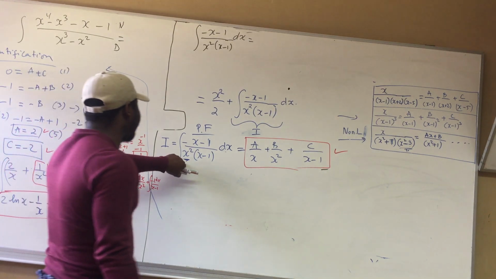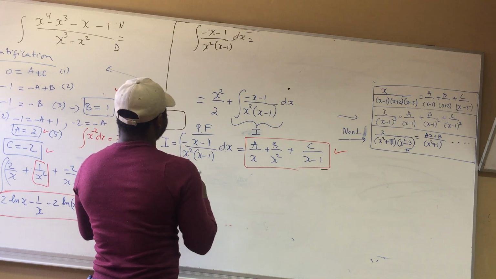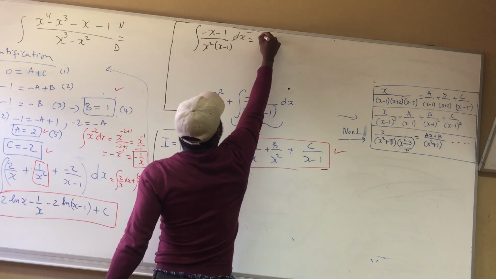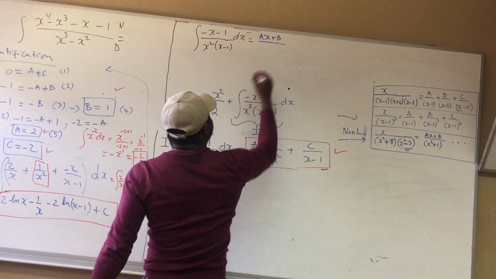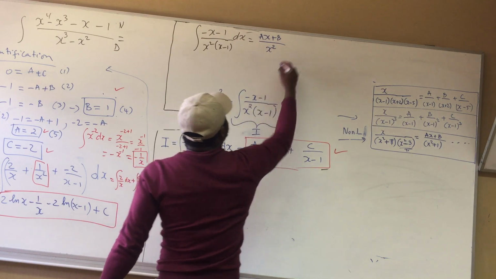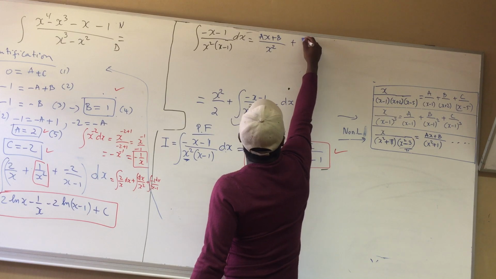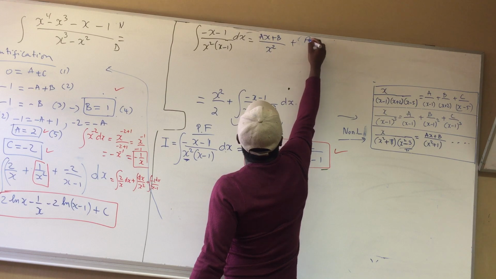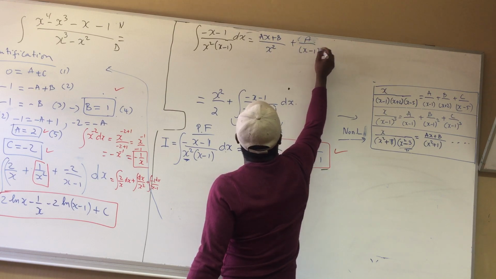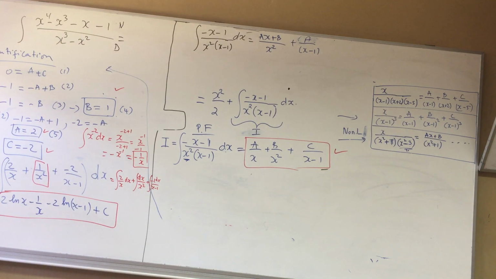So if I decide to separate them as (ax + b) divided by x squared, and then I put plus this term which is x - 1, so I give you A divided by x - 1, like this. If I decide to separate them this way, will I be correct?